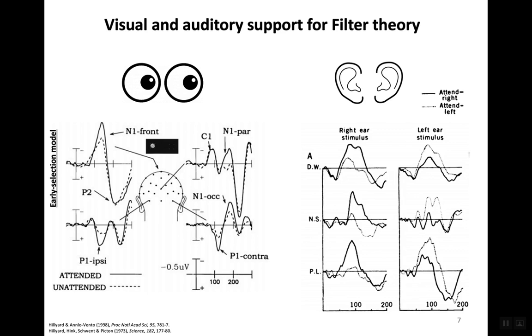Okay, so we pay attention to a stimulus. There's a modulatory effect induced by attention early, and it is related to early visual processing and early auditory processing. And this is certainly good news for Broadbent's theory.